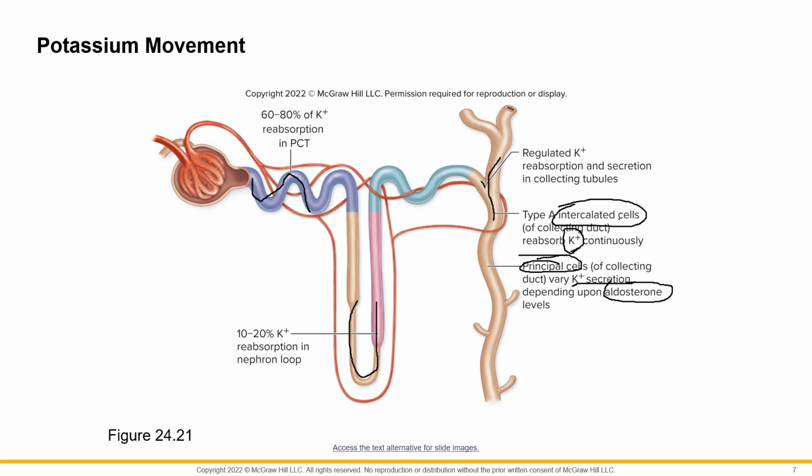So the point to note here is most of the potassium is absorbed in the proximal convoluted tubule, about 20% in the nephron loop, and then in the collecting duct, the intercalated cells are reabsorbing your potassium continuously, and when there is excess potassium, your principal cells will end up secreting potassium into your urine. So intercalated cells and principal cells are doing opposite things when it comes to potassium. The intercalated cells are reabsorbing it back into your bloodstream, versus your principal cells are secreting it into your urine.